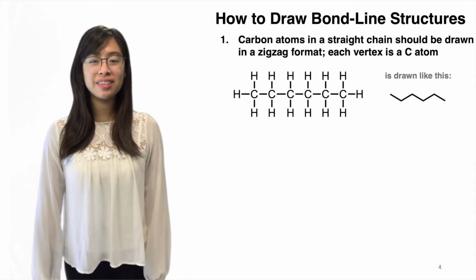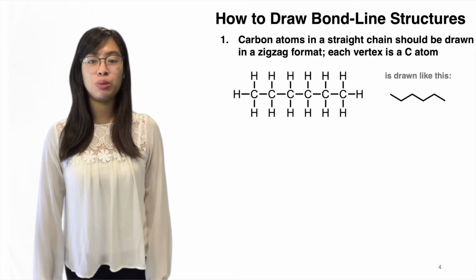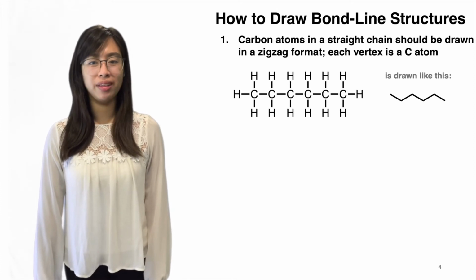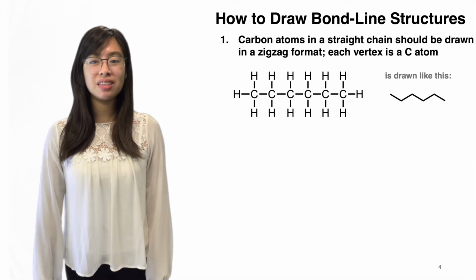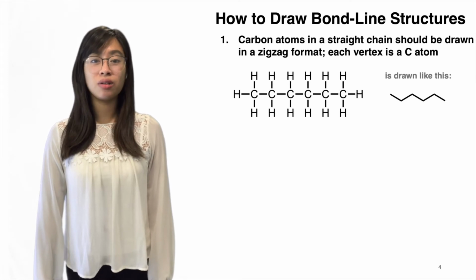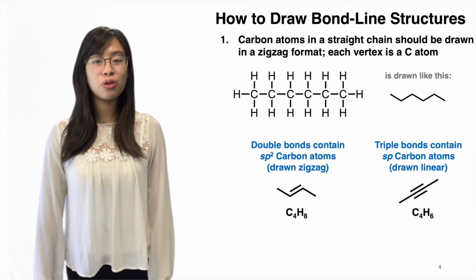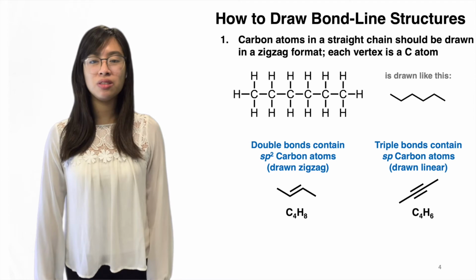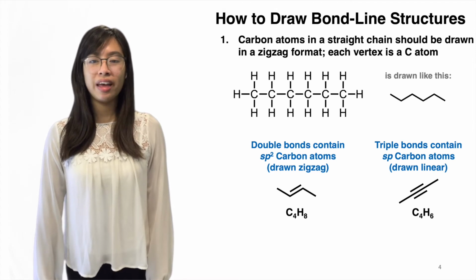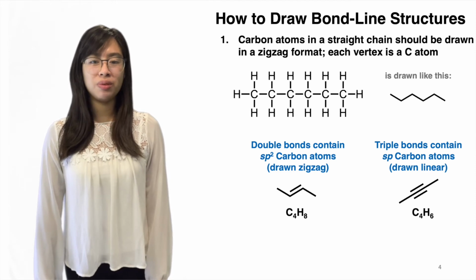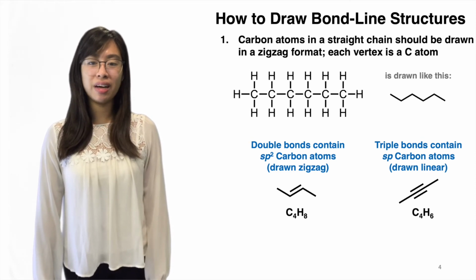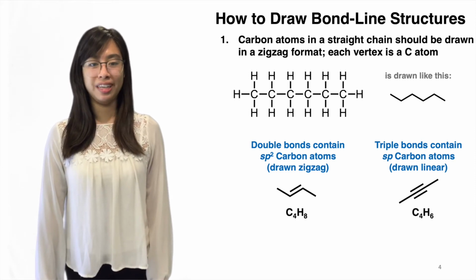The molecule has 6 carbon atoms, which means when we draw its bond line structure, we're going to draw a zigzag line with 6 vertices or endpoints. Note that even the ends of a zigzag line are also carbon atoms. Furthermore, double bonds contain sp2 hybridized carbon atoms and are still drawn in a zigzag format, but triple bonds, because they contain sp hybridized carbon atoms, are drawn linearly.